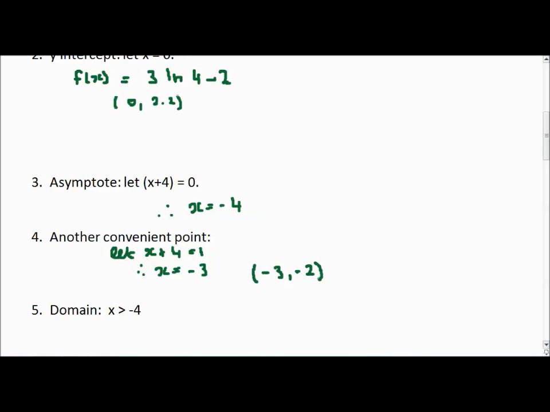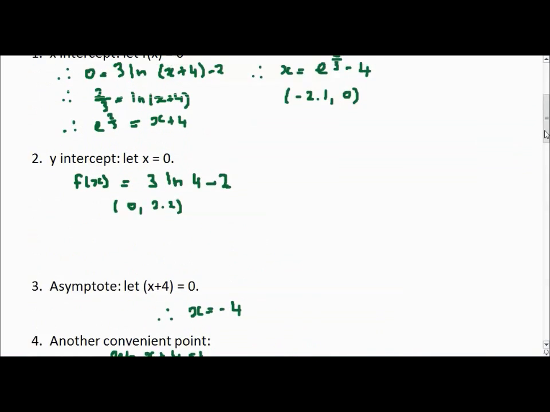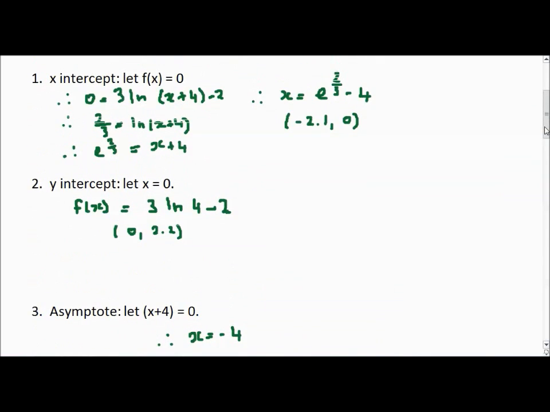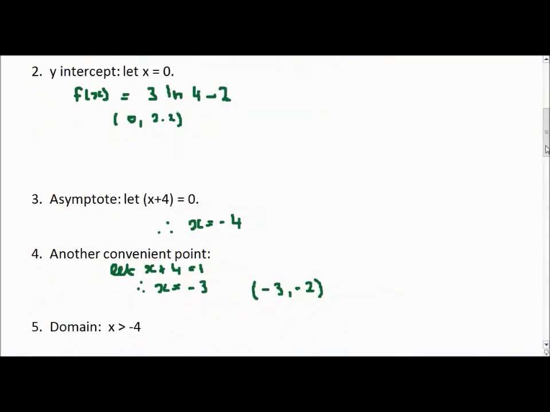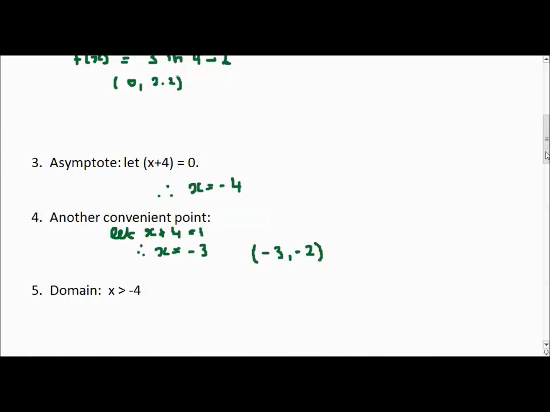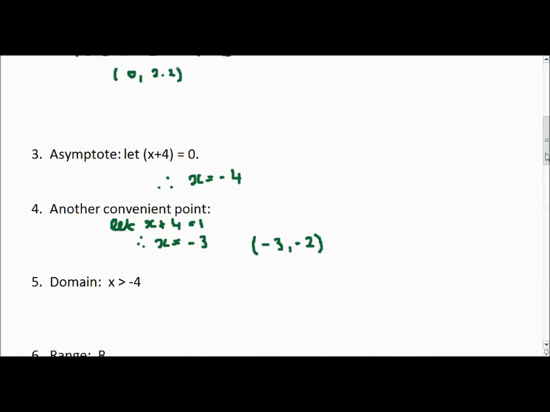Okay, what's our domain? Well, the asymptote is going to tell us a lot about the domain. The asymptote happened at x equals negative 4, and it turns out that everything less than x equals negative 4 is going to be in our domain.